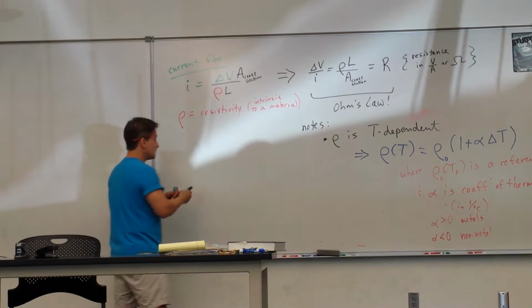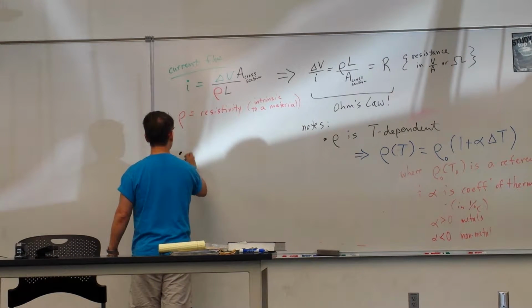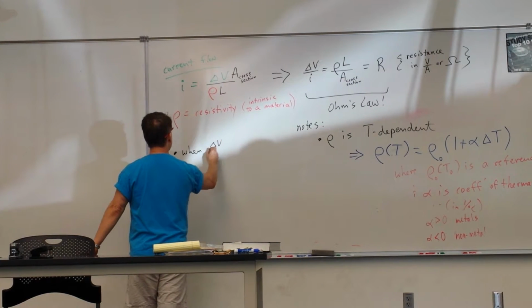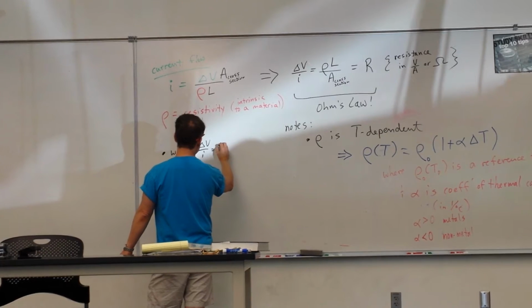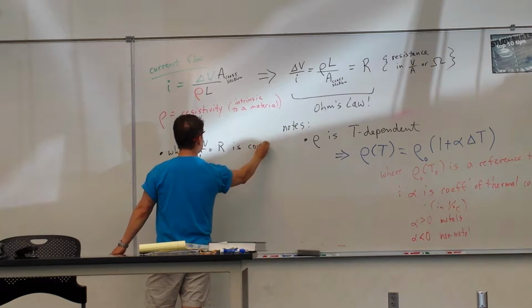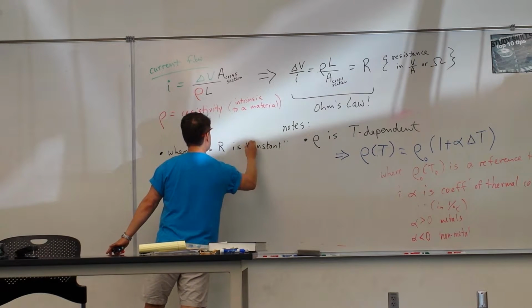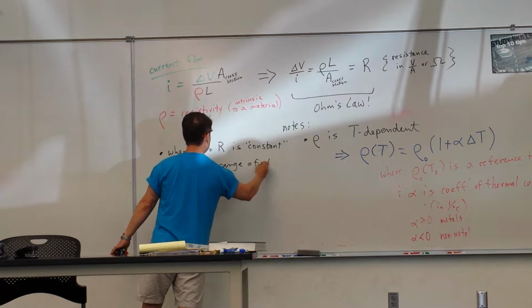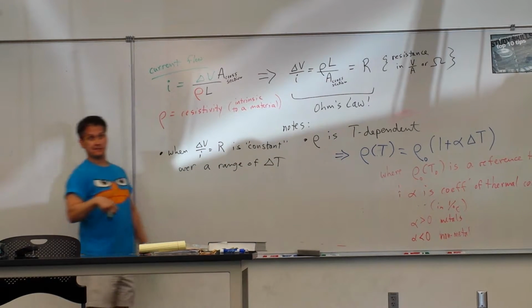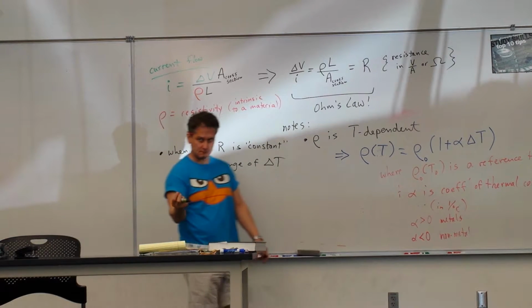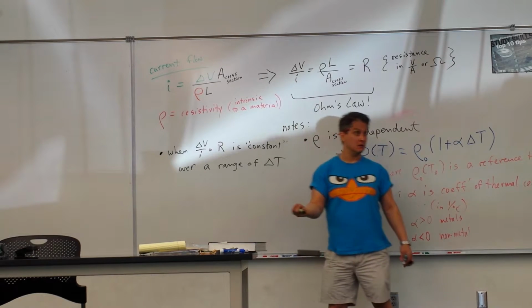Now, the next point I wanted to make is that when the ratio of V over I, which is resistance, is constant over a range of delta T, we call it an ohmic material.